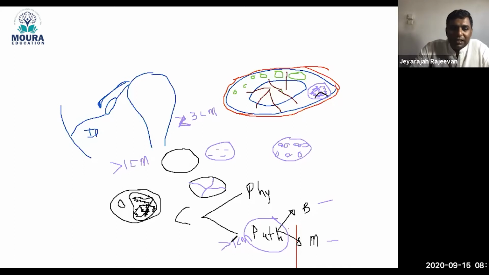Right. You might have heard of cyst accident. What is a cyst accident? That is a symptomatic cyst. The symptoms may be related to the cyst or related to the cyst accident.